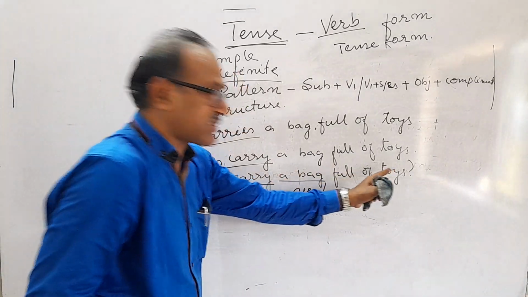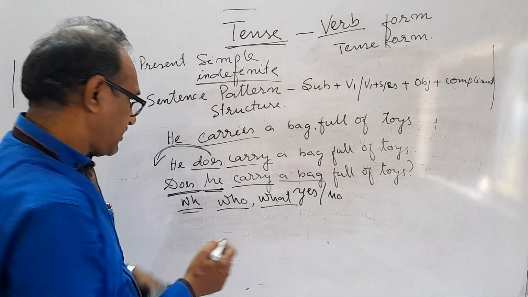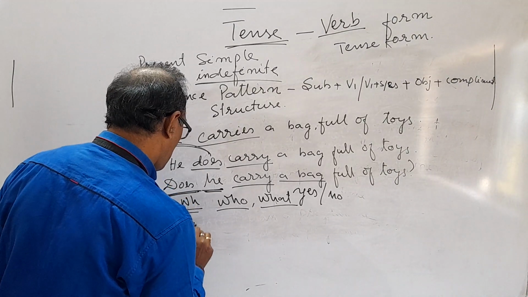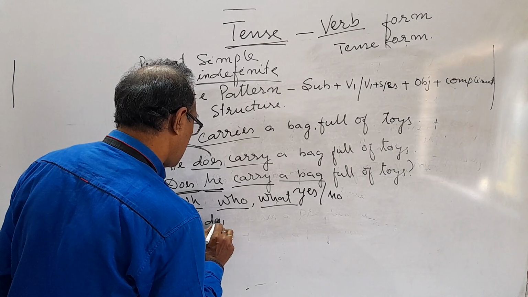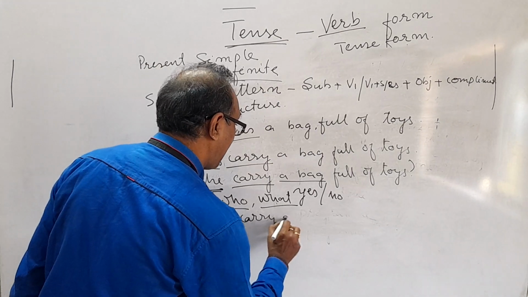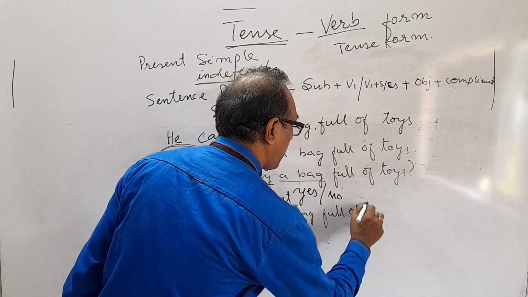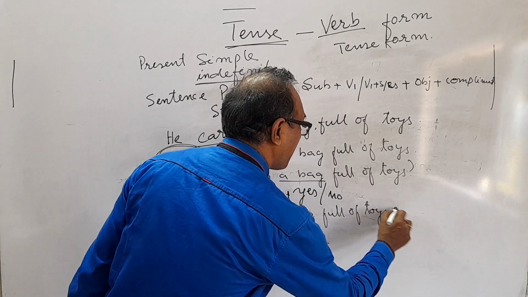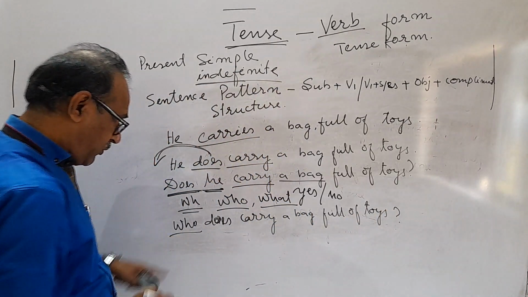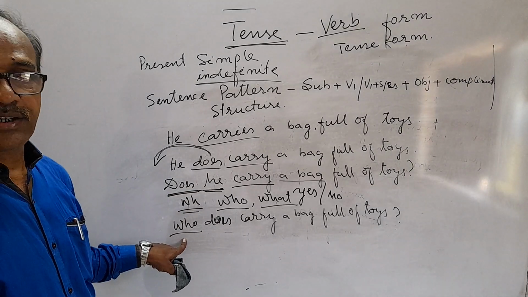So with "who," how will we make it? Who does carry a bag full of toys? So for "who" we are getting "he," and "he" is omitted from this sentence.